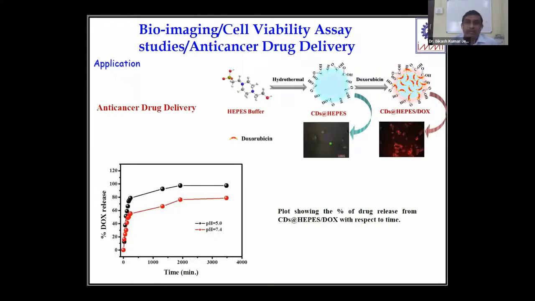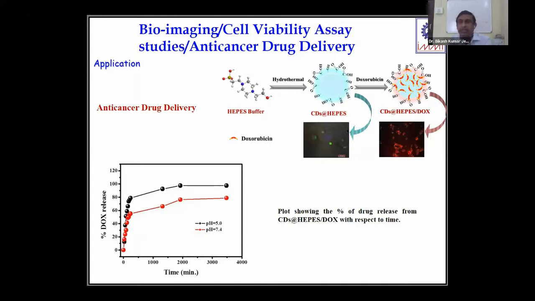After that, we immobilized an anti-cancer drug, doxorubicin. We all know doxorubicin is an anti-cancer drug. We immobilized it with some chemistry we did in our lab, and we studied pH-dependent release. If you change the pH, the drug will release.